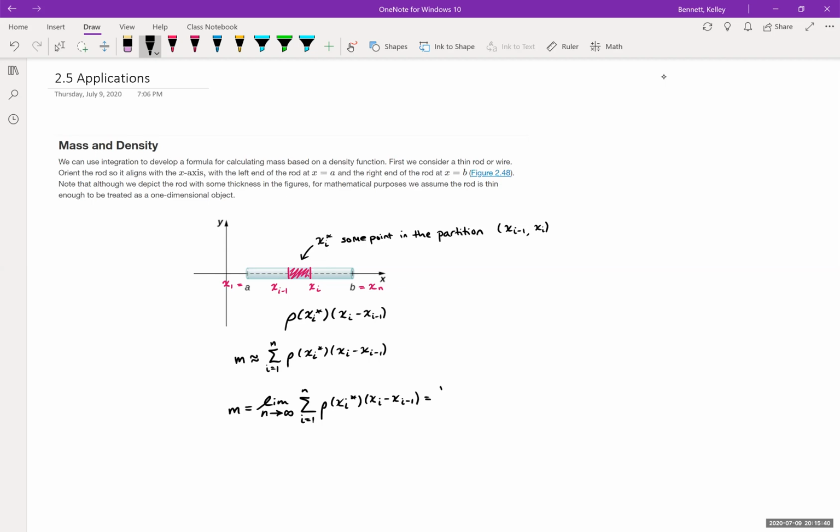That's going to be the integral from our starting point, which was x1, so we can just write it as a, and then our ending point was xn, so that's going to be b. And instead of designating rho of xi, I'm just going to take rho of x. And this is your change in x, your small width, so this becomes dx.